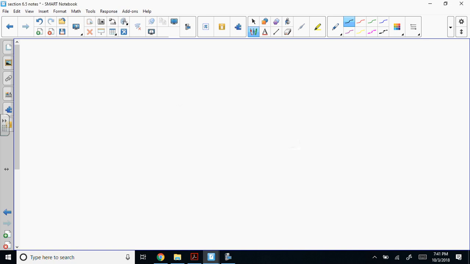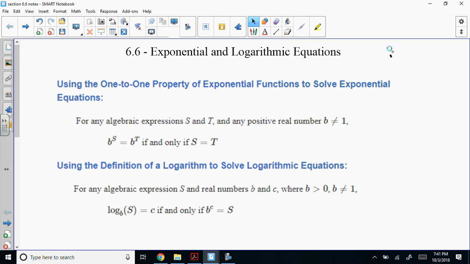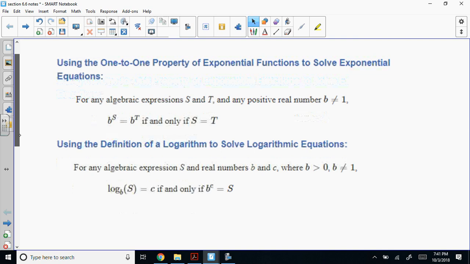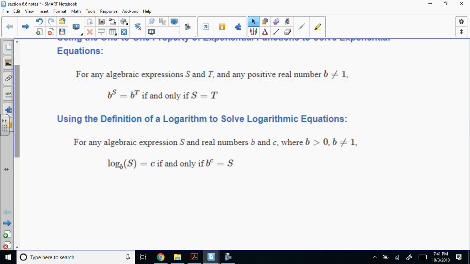Well, let's go here. Oh, there it is. All right, so these are the properties that you really use when you're doing logs and exponentials. I just wanted you to get an understanding, and we've talked about this.